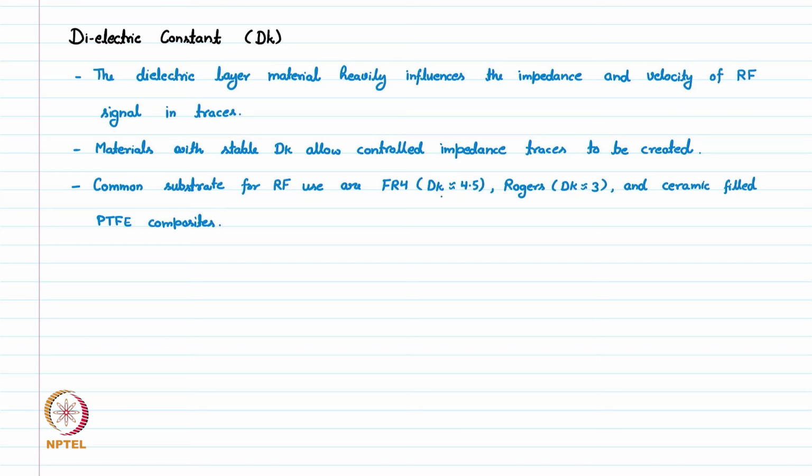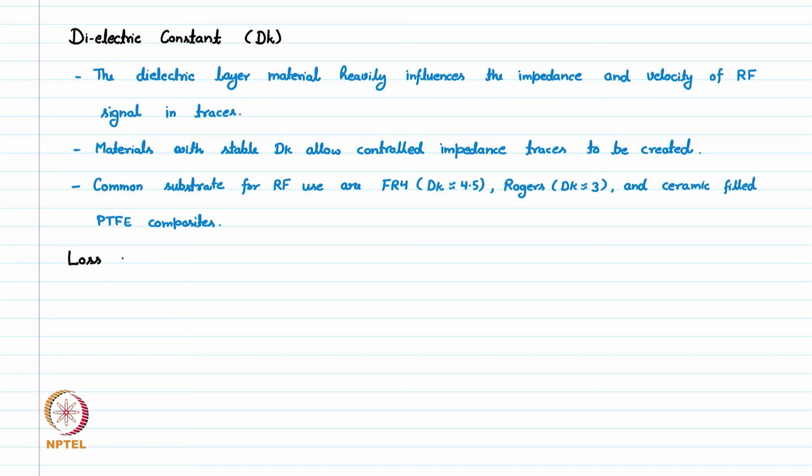For lower frequencies, in RF, we can still go for FR4 substrate where the dielectric constant is 4.5. However, for the high frequency range, we need to go to other substrate like Rogers or ceramic filled PTFEs. In these materials, first thing to note is the dielectric constant, and the other important parameter to look out for is the loss tangent.